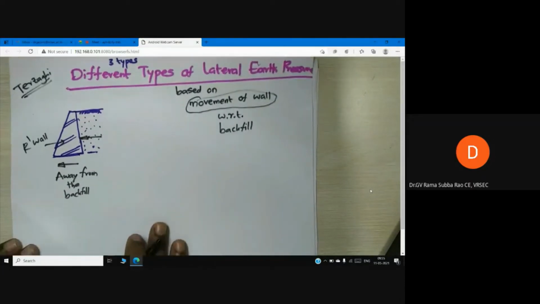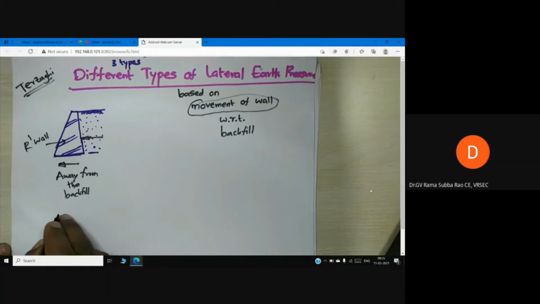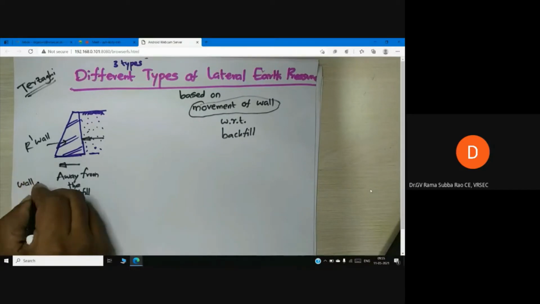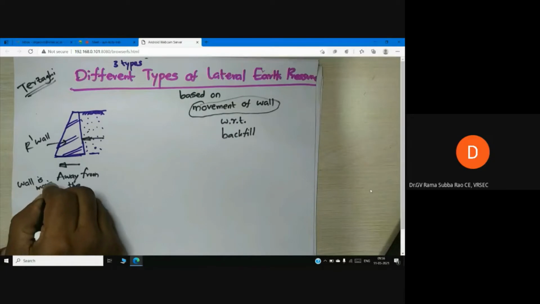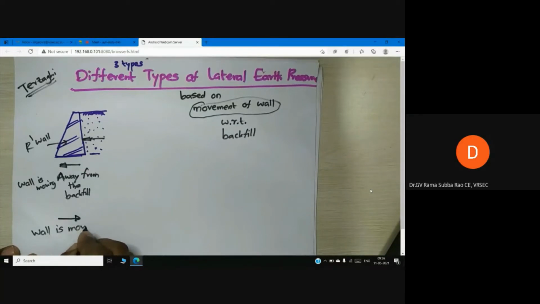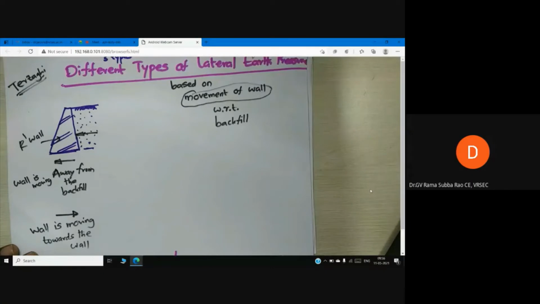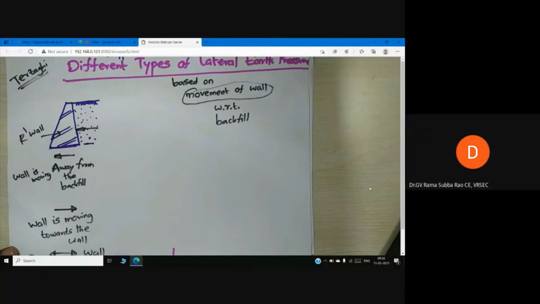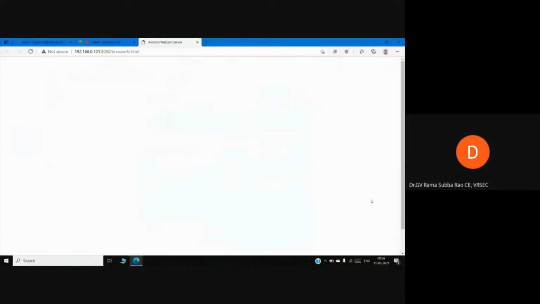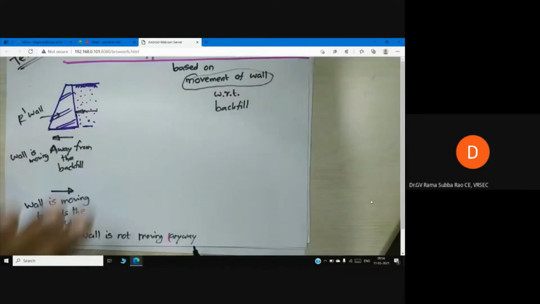And not only this, he observed that sometimes the wall is moving towards the backfill, and sometimes the wall is not moving at all. So he observed three kinds of situations.